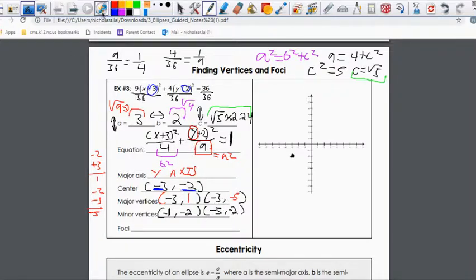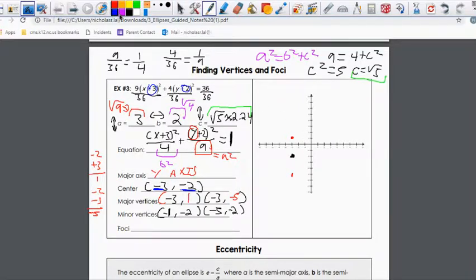So let's draw our major vertices, okay? Our major vertices are at (-3, 1) and (-3, -5).